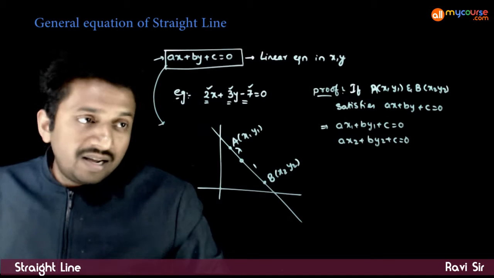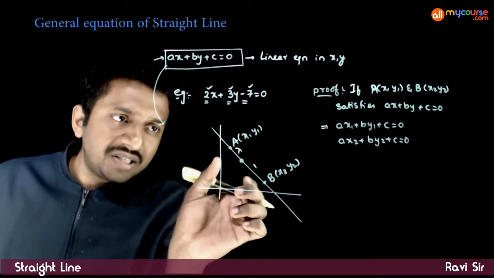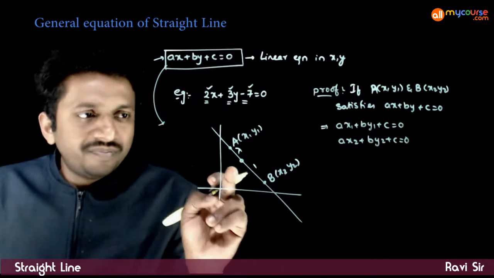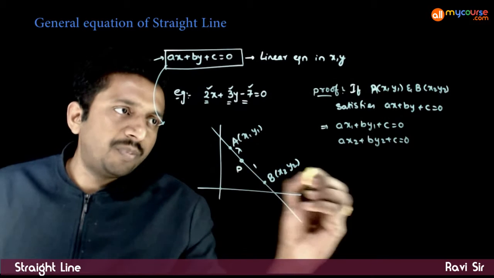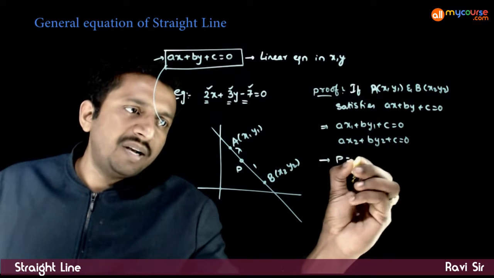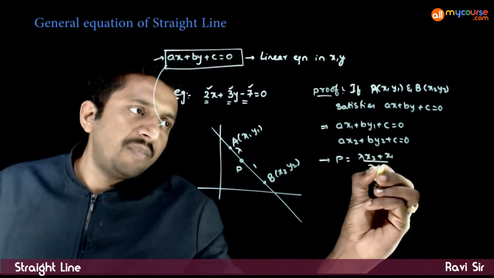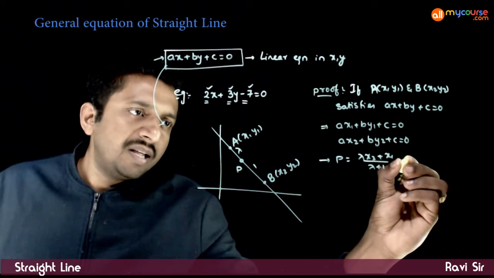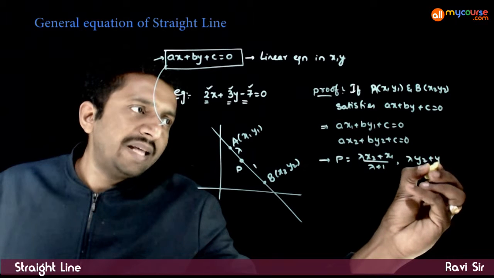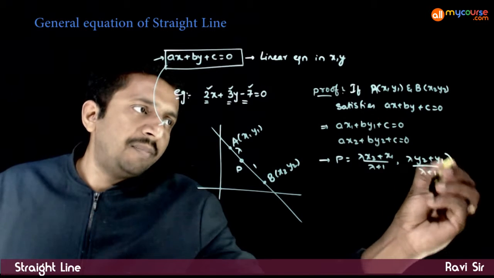Now, let us consider a point which divides AB in the ratio lambda is to 1. Let P be the point. So P can be written as (lambda x2 plus x1) by (lambda plus 1), comma, (lambda y2 plus y1) by (lambda plus 1).